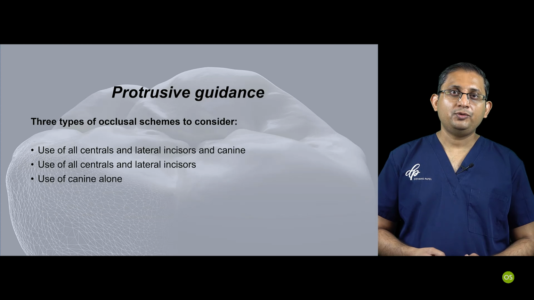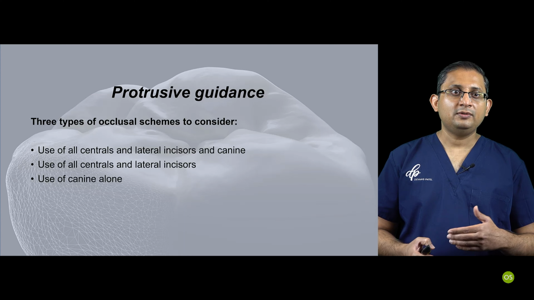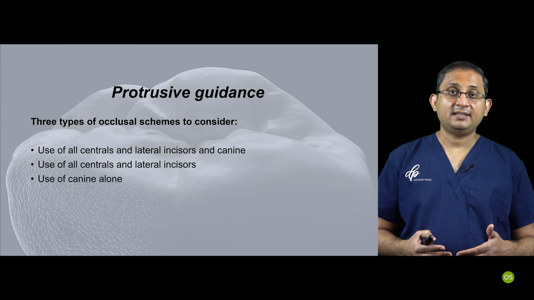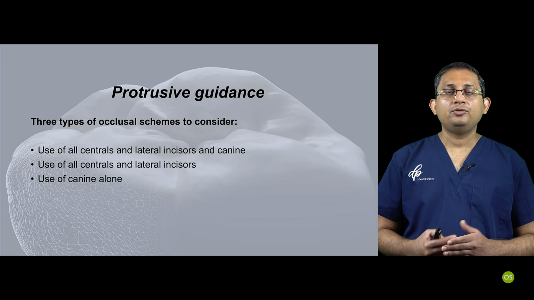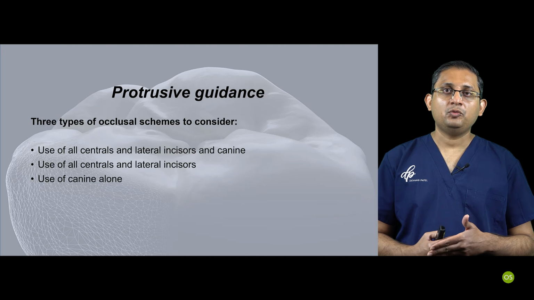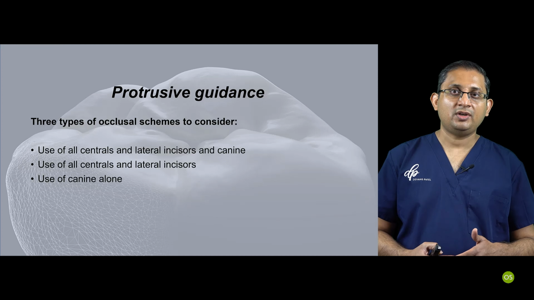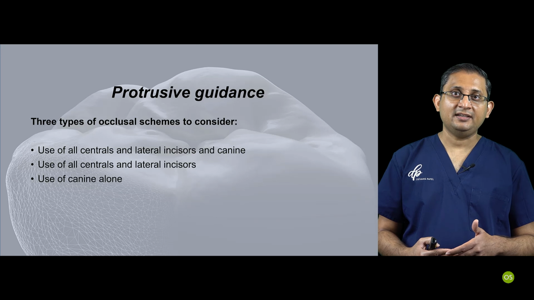What is protrusive guidance? Protrusive guidance is simply the use of the central and lateral incisors, and sometimes canines, to disclude the posterior teeth when you're moving your jaw forward. You could use just two incisors, four incisors, or sometimes just canines to provide anterior guidance.